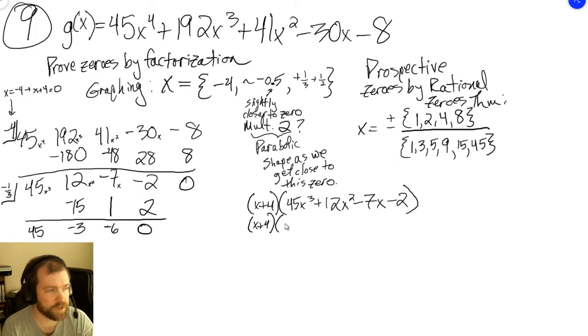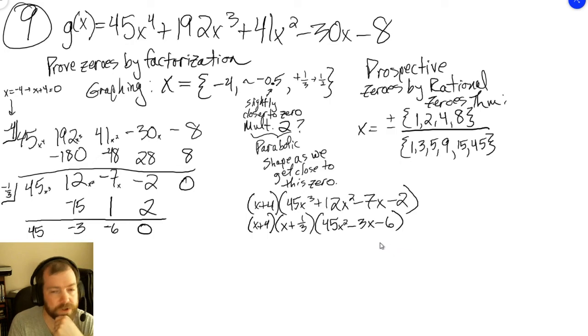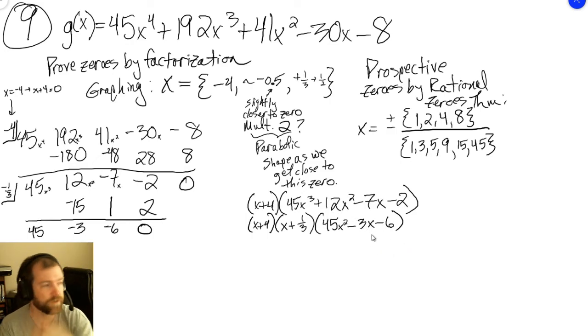And then we've also just factored out x plus 1/3. And now what we've got left is a 45x squared minus 3x minus 6. Now if you notice something about all these terms, all of them are divisible by 3. So we can actually factor out a 3 as well, and we can get rid of the fraction here.